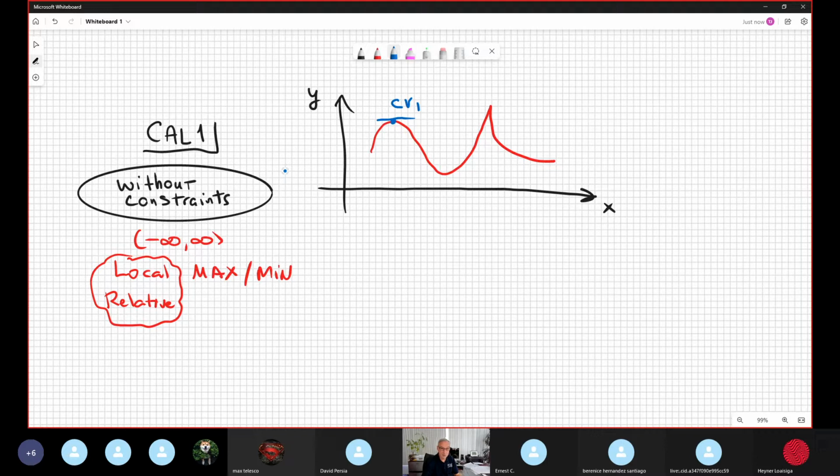Remember the critical value: you compute it when the first derivative of the function is 0 or does not exist. It's obvious that at that point we have a horizontal tangent line. This is a critical value because the derivative is 0. And here we have another, and this is max, and this is min.